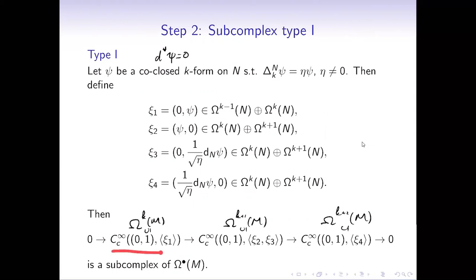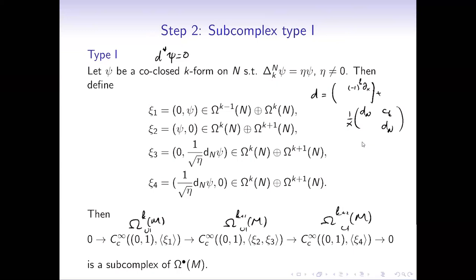So we take functions from (0, 1) with values in this. If you remember, the d is (-1)^k d/dx plus 1 over x times d_N, some constant d_N.